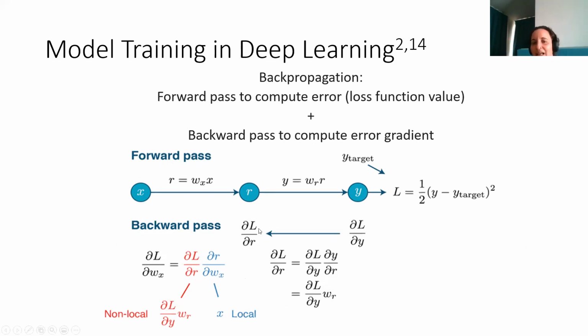So, for example, we go the other way. You have the partial derivative of the loss with regard to Y, and you try to identify the partial derivative of the loss with regard to R. And this is given by the chain rule that we know.